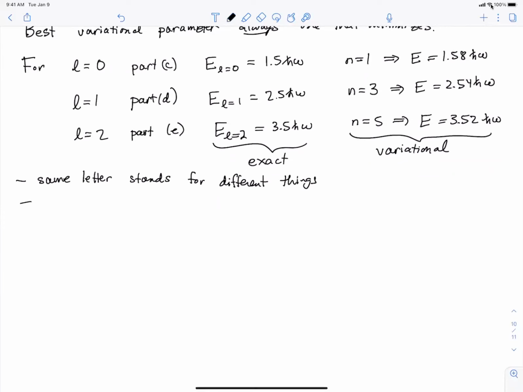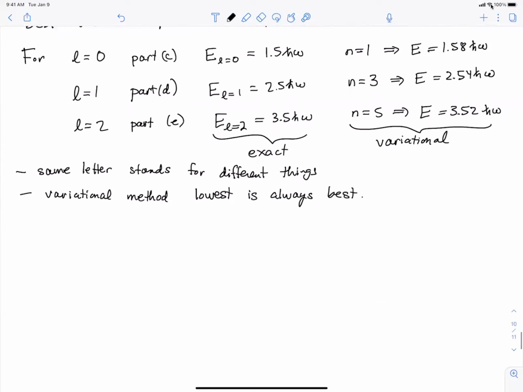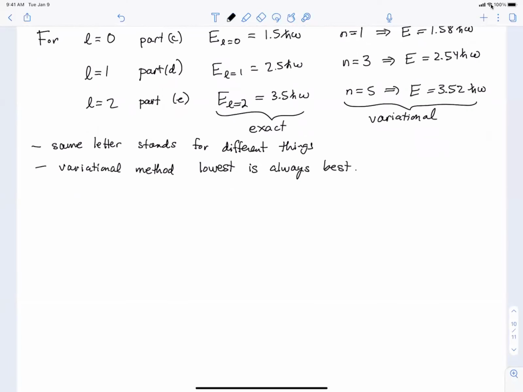And the other key thing is the variational method, just the very structure of the way it's set up, the lowest is always the best by definition. And then I guess the third thing is it works better than you have a right to expect, given that you might put in a bad wave function, but it still works pretty well.